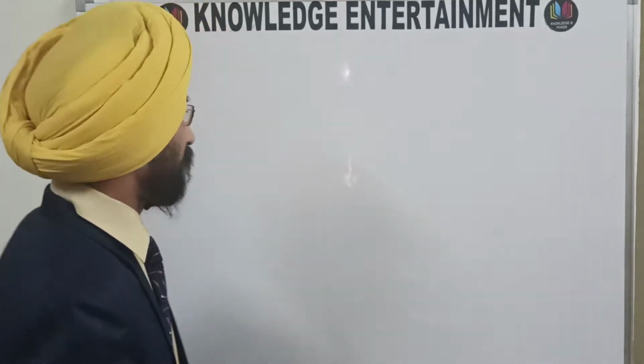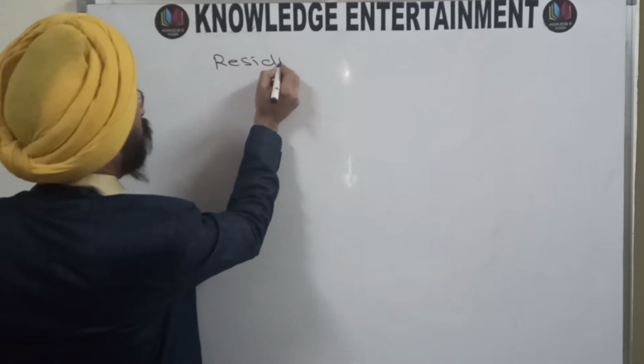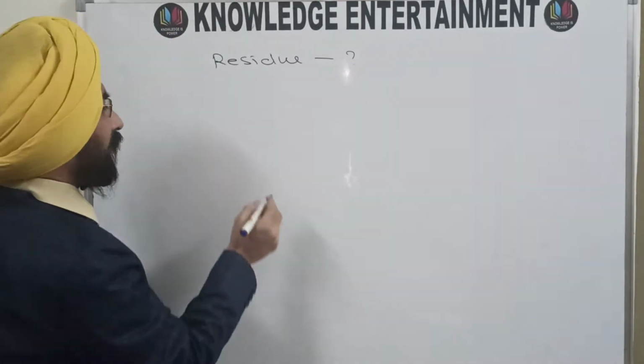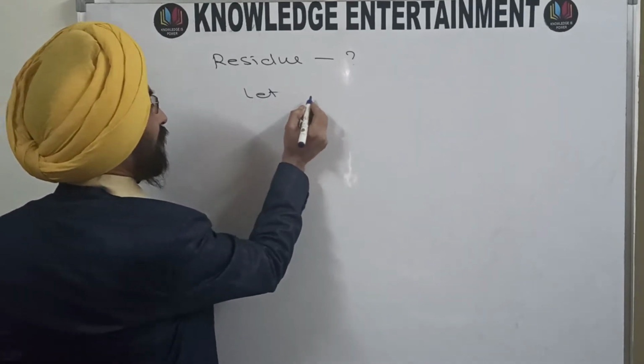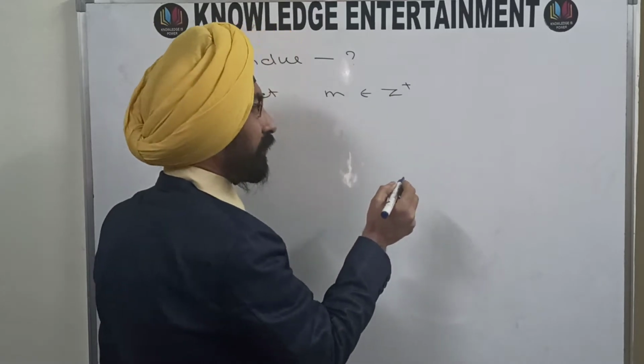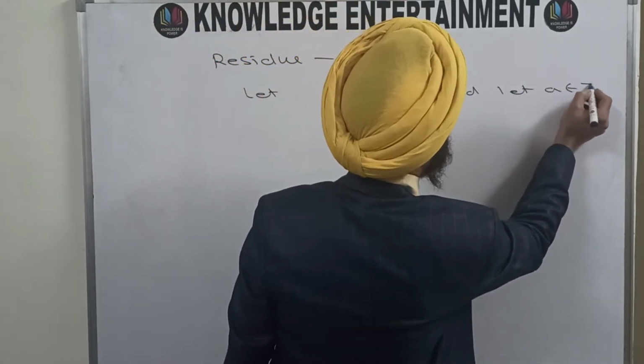So let us start with what residues are. The first thing you should know is what a residue is. Let m be any positive integer and let a be any integer.